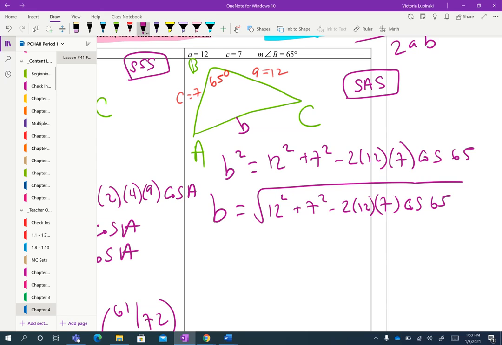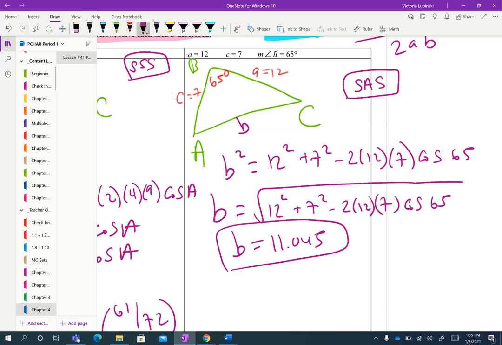If you plug it in exactly as it appears, following along with your calculator as I do mine, you should be able to solve that B is equal to 11.045.